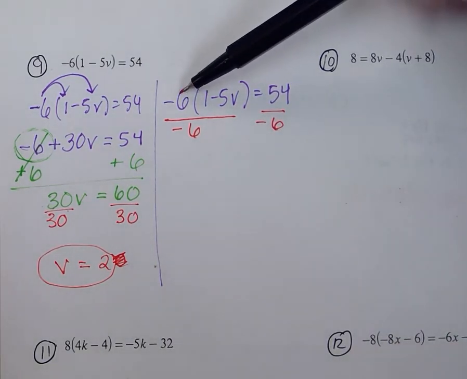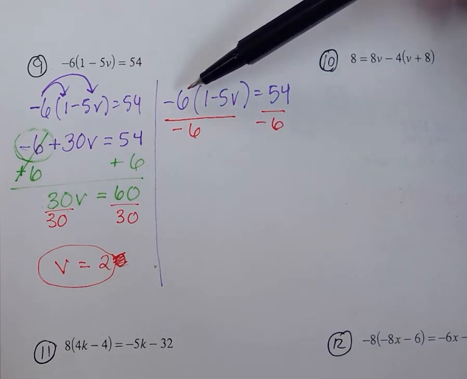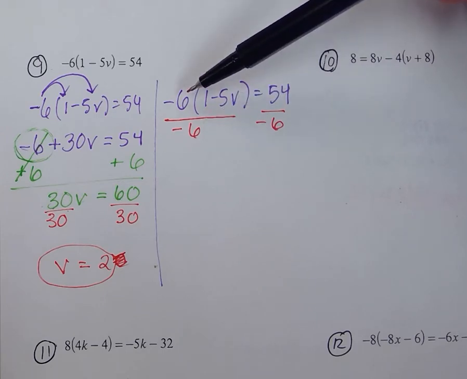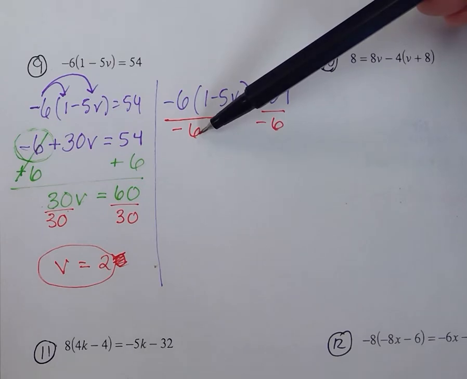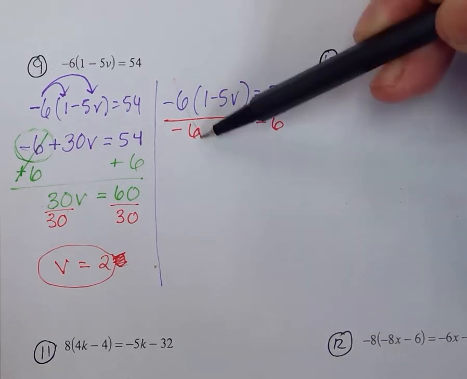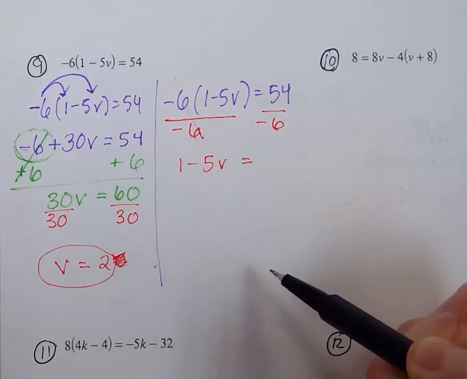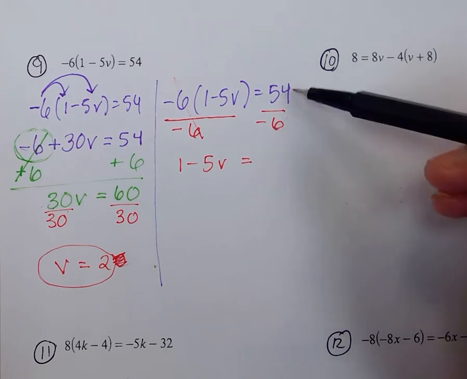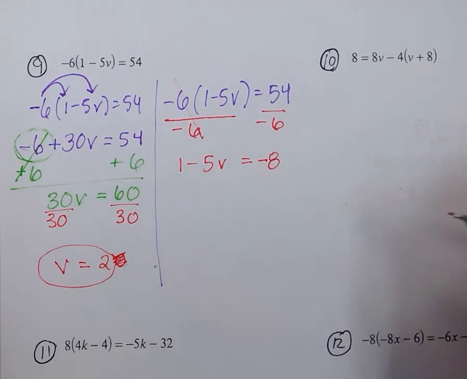If you think about it, -6 is being multiplied. To undo a number being multiplied, I can divide it. So to undo the -6 being multiplied, I'm going to divide the -6 out. And I'm left with 1 minus 5v. Whatever I do to the left, I have to do to the right. 54 divided by -6 is -8.